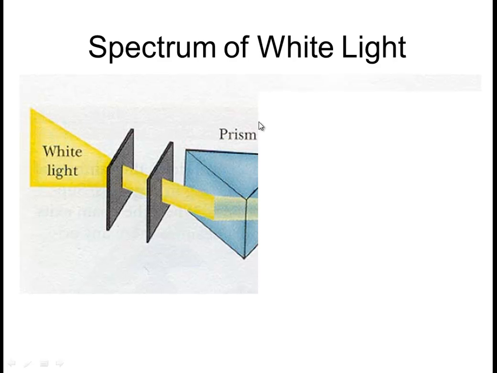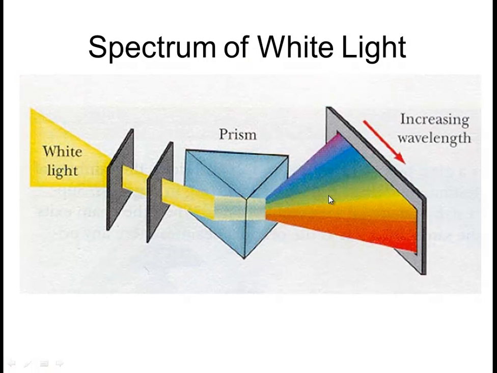Well, you guys have probably heard of a prism, right? A prism is just a translucent crystal that has the property that when light strikes it and comes out, it separates the light into its component wavelengths.